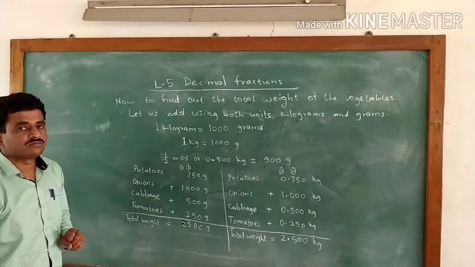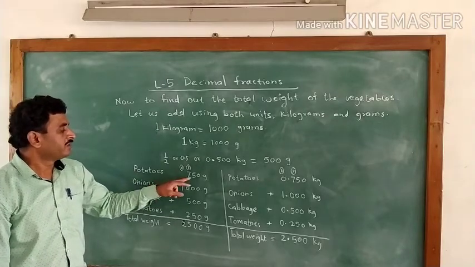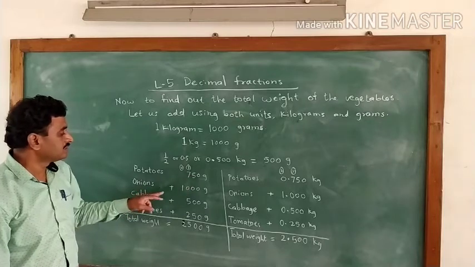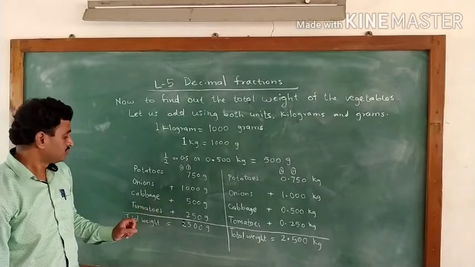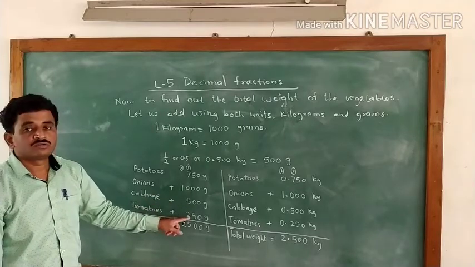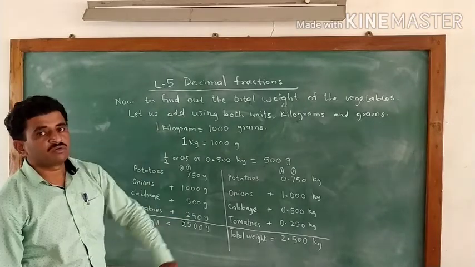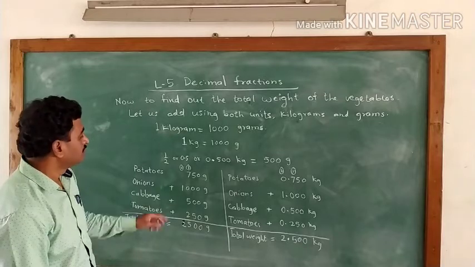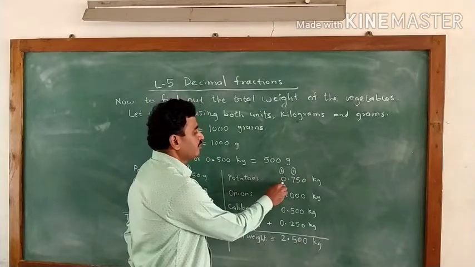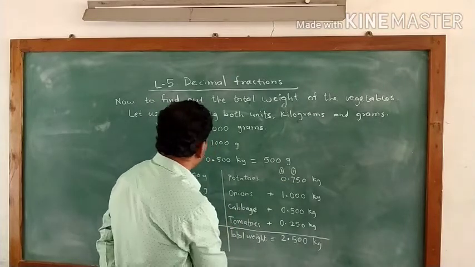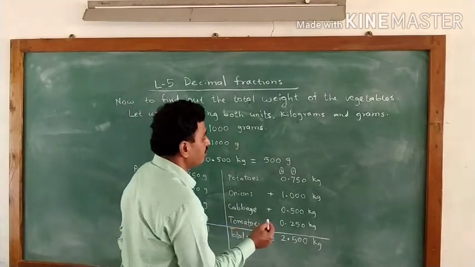Now if we purchase potatoes of 750 grams, onions 1000 grams, cabbage 500 grams, tomatoes 250 grams, then we have to convert it into kg. 750 we can convert into kg. We have to write 0.750. Then for onion, 1000 grams becomes automatically 1 kg.